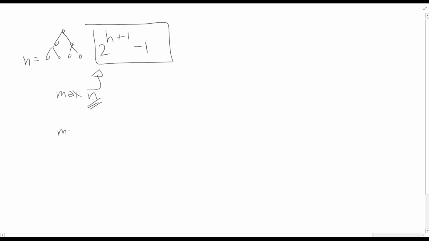But now we were asking, what's the minimum number of nodes we can fit in a tree of height h? Now, this is a simple question if we're not talking about AVL trees. It's h, or h plus 1, h minus 1 if you're off a little bit with your calculation. But it's order h, big O of h at the very least. Okay. But we're saying with AVL trees, maybe that's not true.